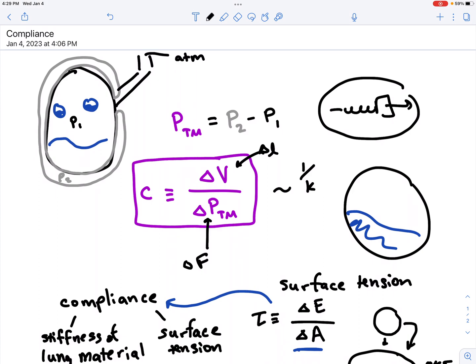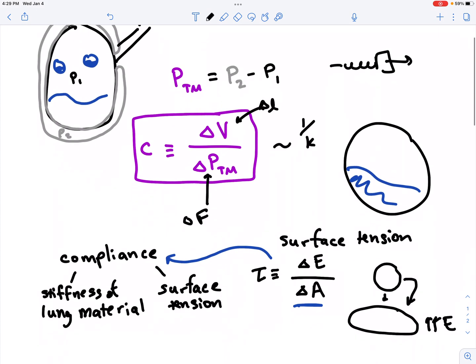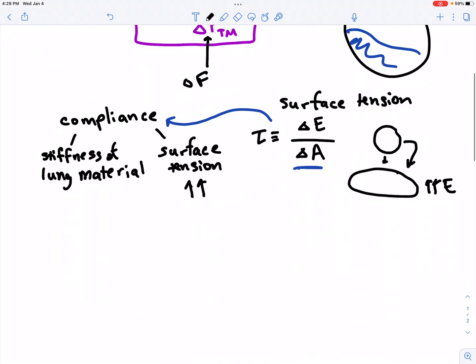We usually model springs as having a single spring constant. But in the case of the lung, it is important to think about how the compliance changes over the lung volume. So at small lung volumes, the surface tension forces are higher. And so at small volumes, surface tension is high, and that contributes to decreased compliance.